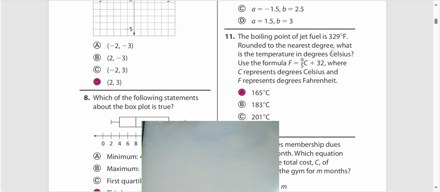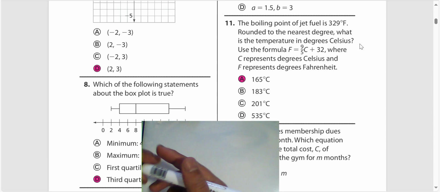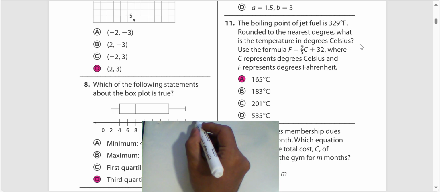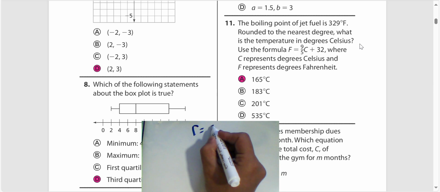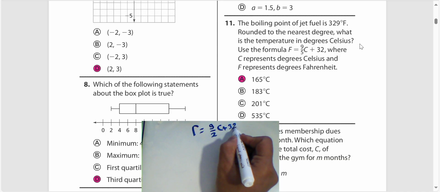Next question. The boiling point of jet fuel is 329 Fahrenheit. Rounded to the nearest degree, what is the temperature in degrees Celsius? F equals 9 over 5 C plus 32. We can put here this relation: degrees Fahrenheit equals 9 over 5 times C plus 32.